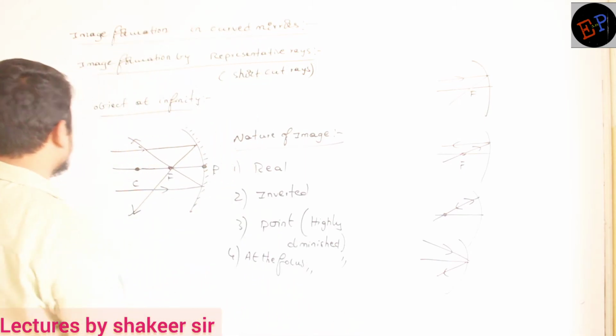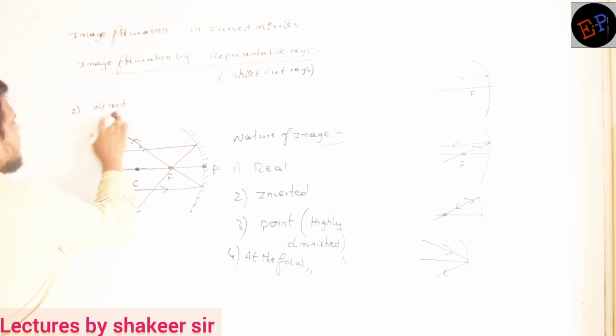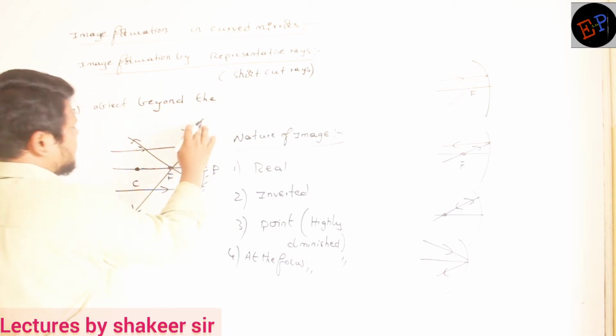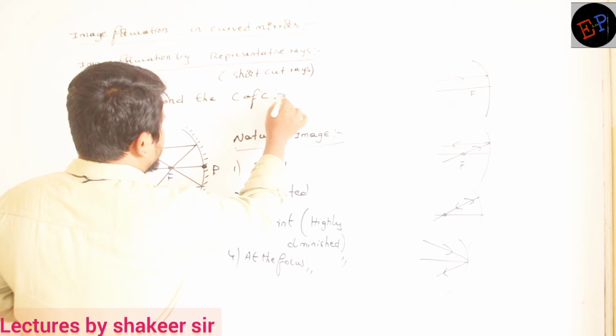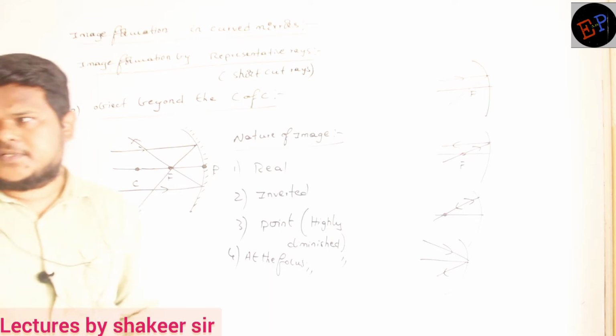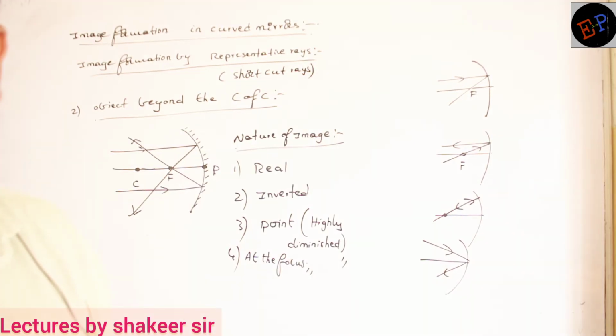Next, let us see. Object beyond the center of curvature. C of C means center of curvature. This one. Where is the object, ma? The object is beyond the center of curvature. Clear? Now let us see. Okay.